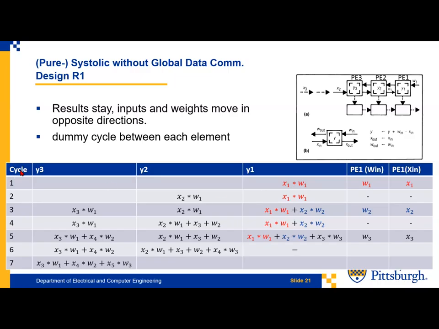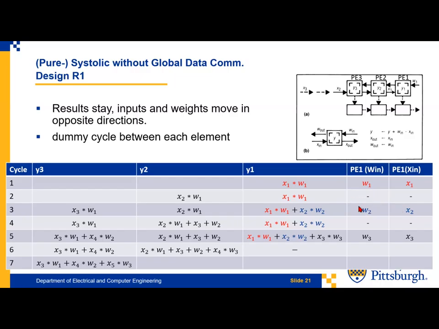I dumped the content of each cycle, and here it shows the weight in and the x in for PE1. We can see that the weight in the first cycle is W1, and because between two weights we need a dummy cycle, here is a dummy cycle.